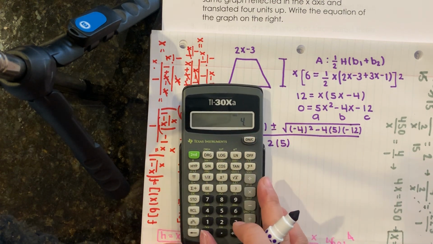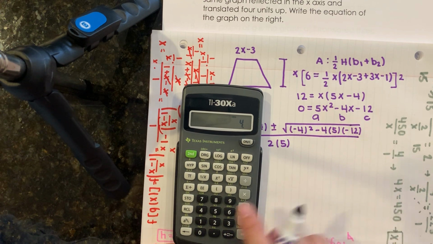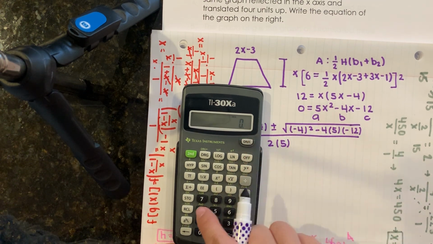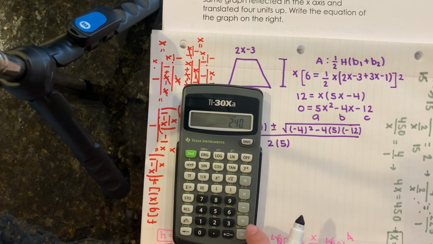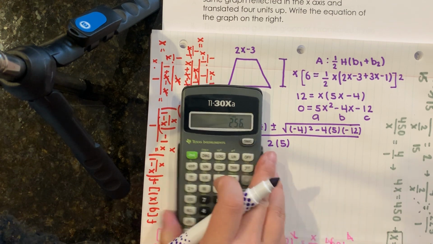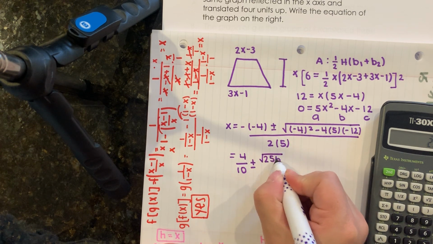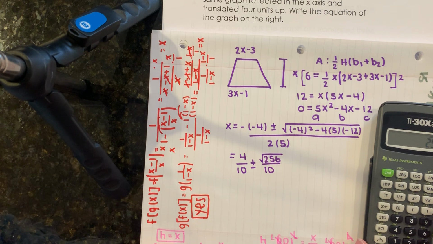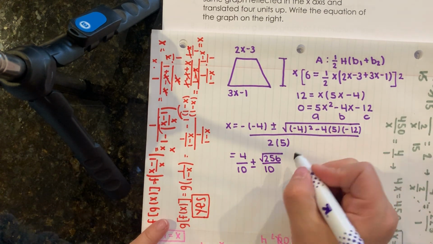Now if I do this in my calculator, well, I have negative 4 times 5 times negative 12. So 4 times 5 times 12. I'm going to add that to 16. So I would get the square root of 256 over 10. The square root of 256 is actually equal to 16.